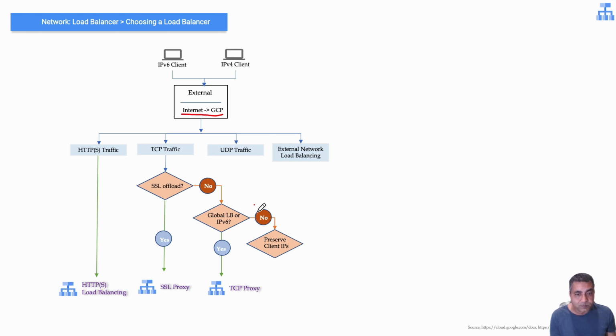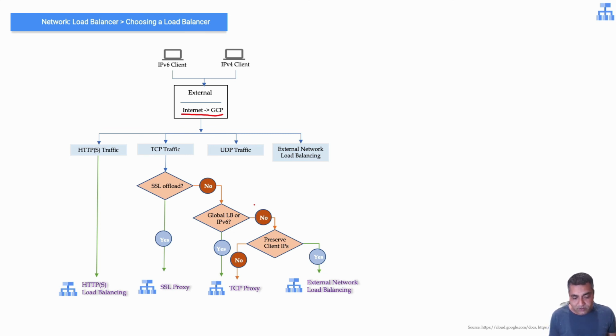Now, what if it's not? Then you need to decide whether to preserve client IPs. If you don't need to preserve them, you will use TCP proxy. If you have to preserve them, you will use external network load balancing, which is the regional load balancer.